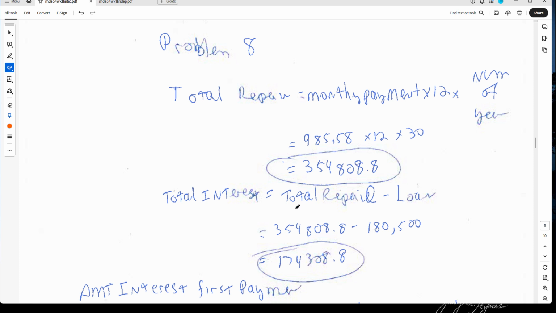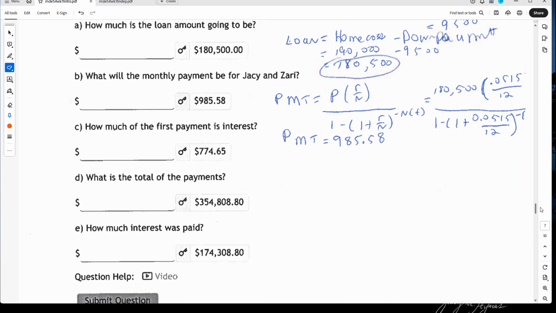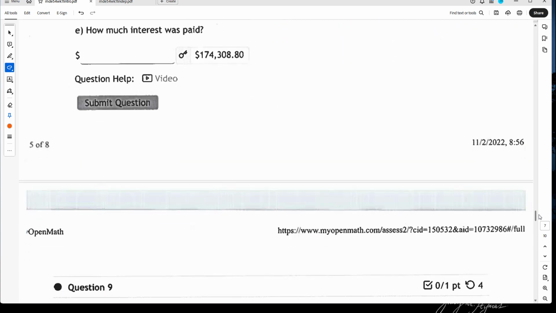And the total interest is the difference between the total repaid and the amount of the loan, which is $174,000. And that's how they got those two values.